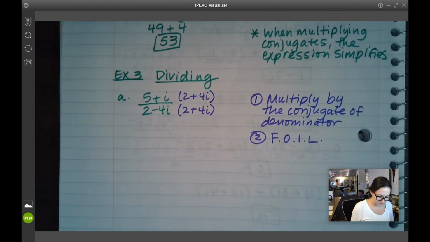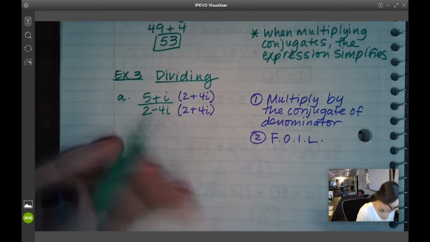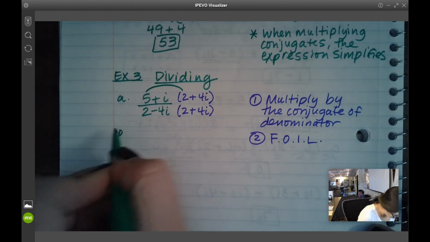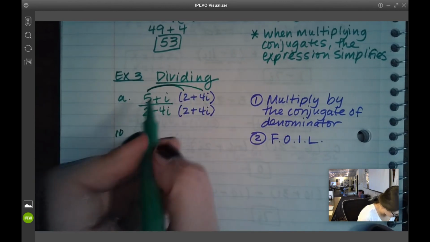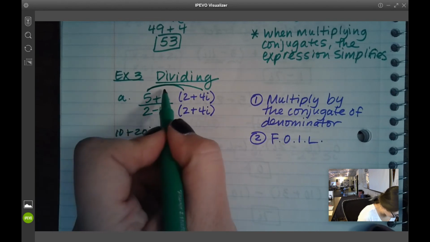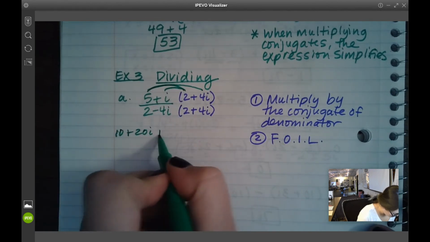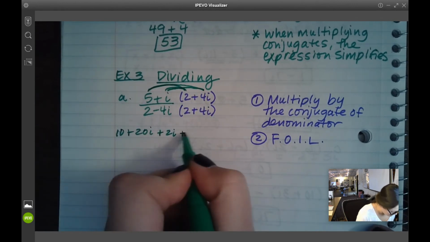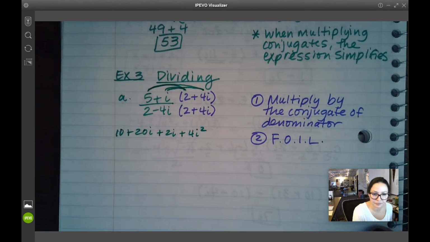So, first is 10. 5 times 2 is 10. Outer, 5 times 4i, 20i. i times 2, 2i. i times 4i, 4i squared.